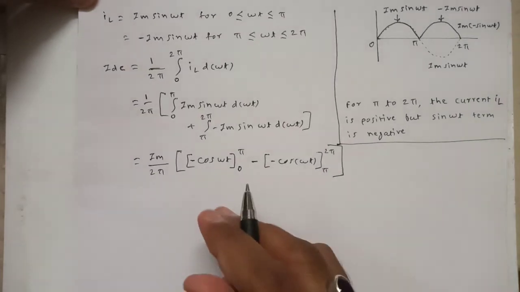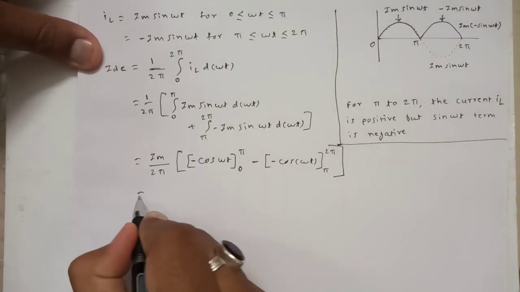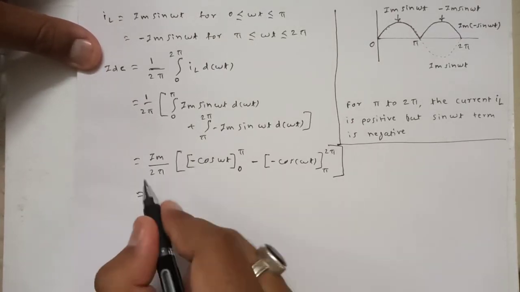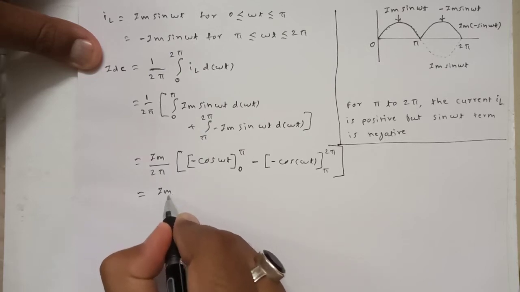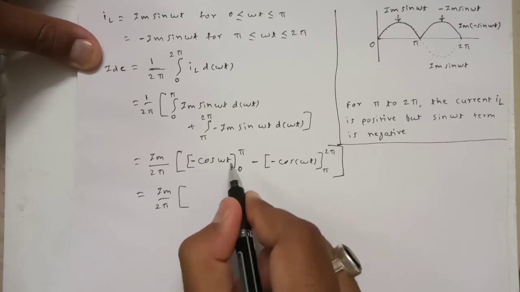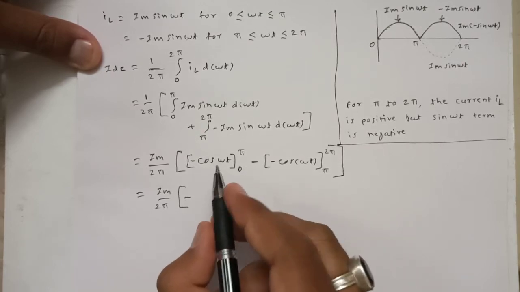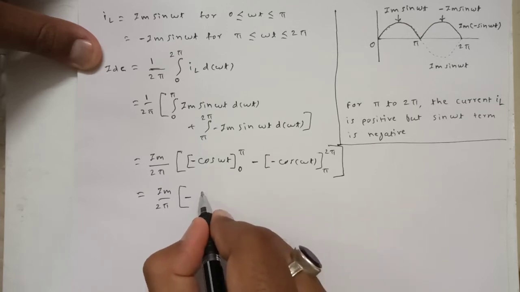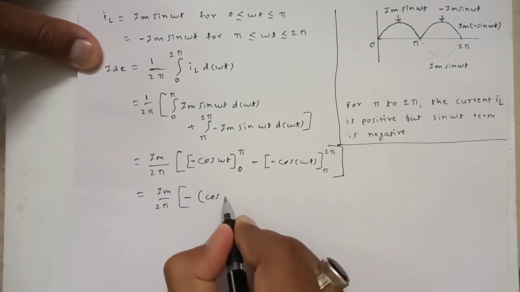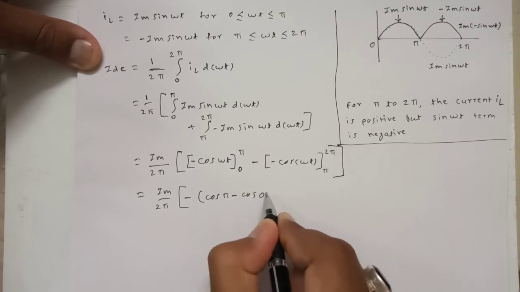Now simply by solving this we will get the final result. So let us solve this. Here we have Im by 2 pi, and in bracket we put the limits. If the minus sign is taken outside, we have in bracket cos of pi minus cos of 0.